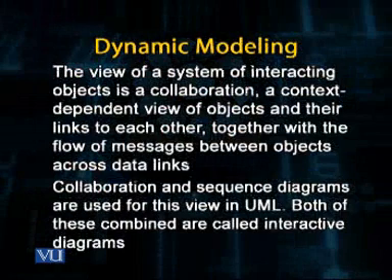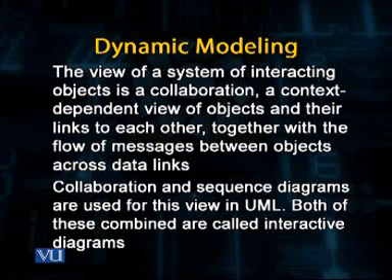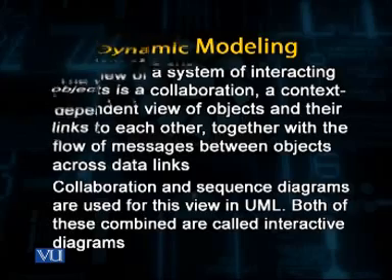The collaboration diagrams capture the system from the perspective of different objects collaborating with each other to, let's say, implement a use case or some functionality. On the other hand, the sequence diagrams capture the sequence of events that happens between these objects to implement that functionality. So fundamentally, they are the same concept, but they're viewed from different angles, and that helps us in understanding the system a little bit better.